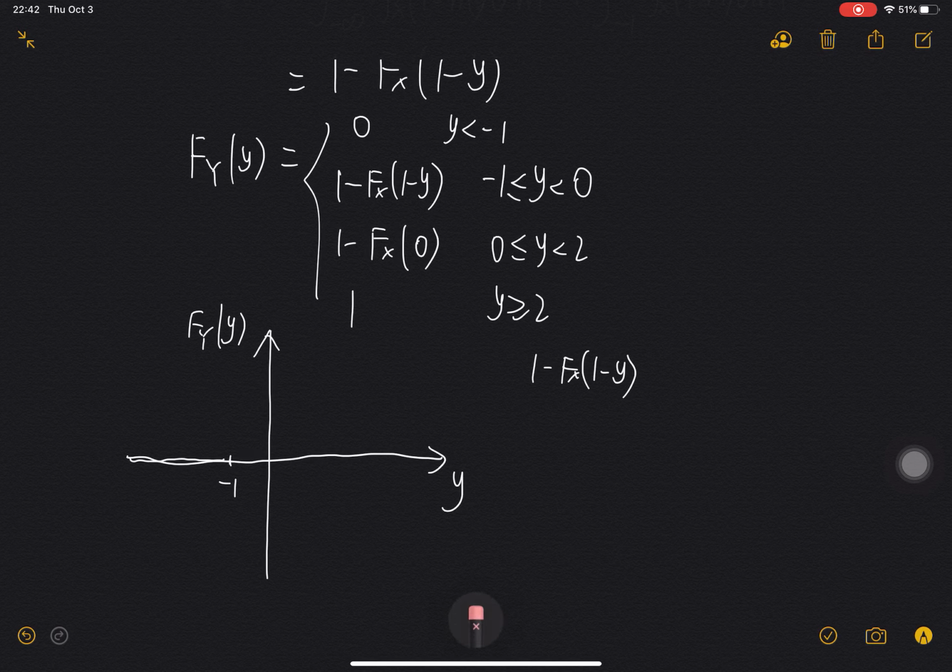When y is larger than 0 and smaller than 2, it's a constant like this from 1 to 2. Okay, and when y is larger than 2, we got 1 right here.